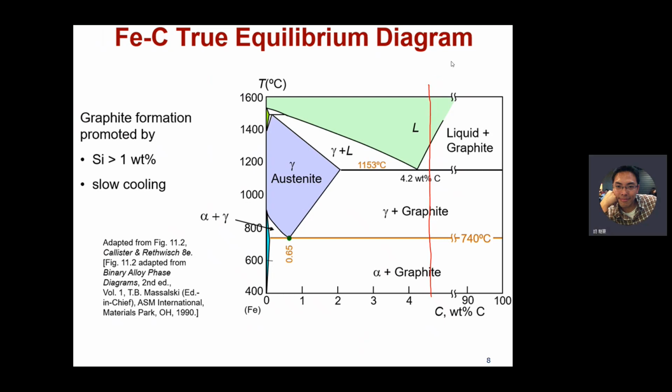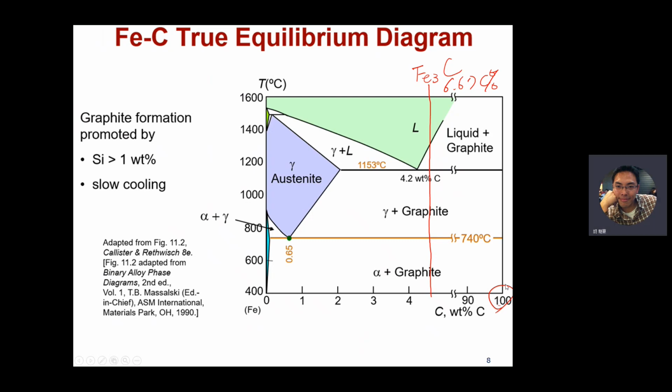What's the name of this intermetallic compound? It's called cementite, with only 6.67 carbon. And this phase diagram goes to 100% carbon content.